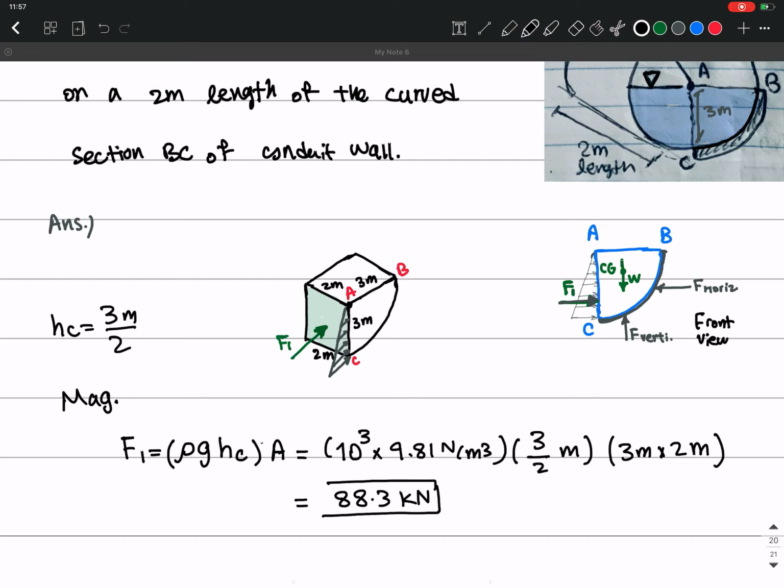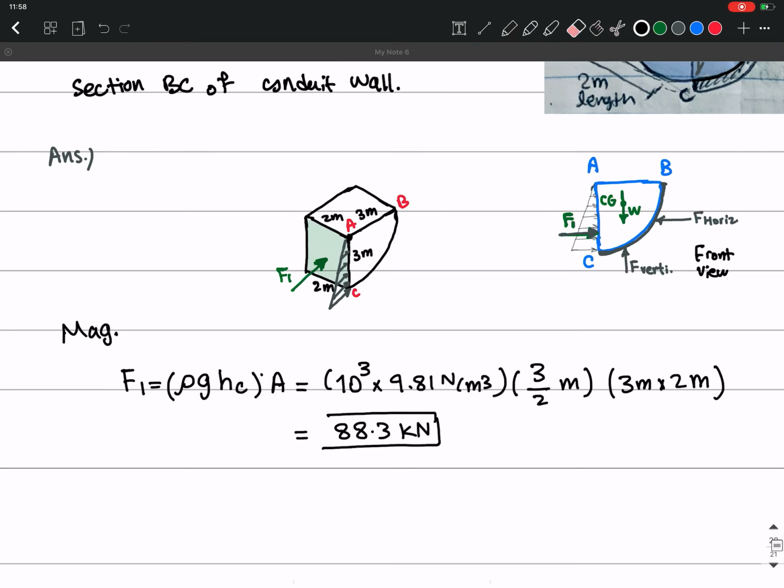This is one way of solving it by hc, and I want to give you another way in case it is hard for you to calculate hc. It should be easy based on those tables, since it should be the center of the area.